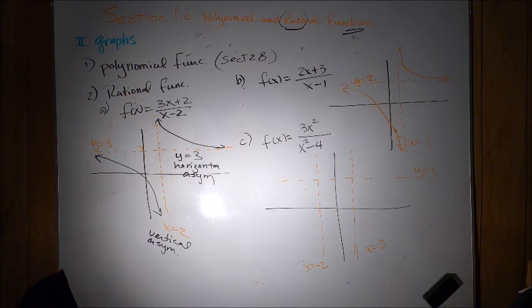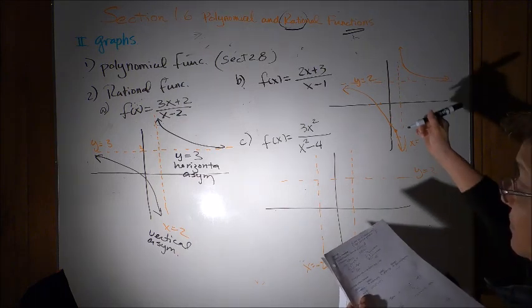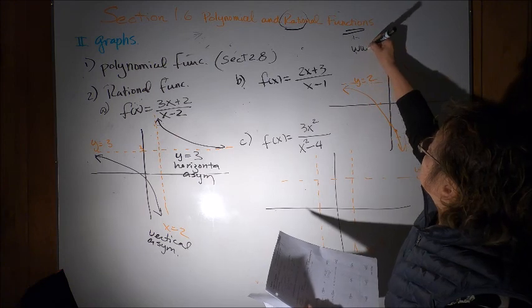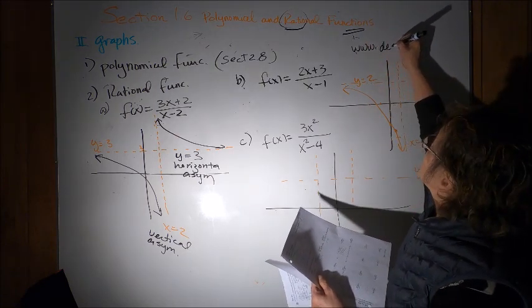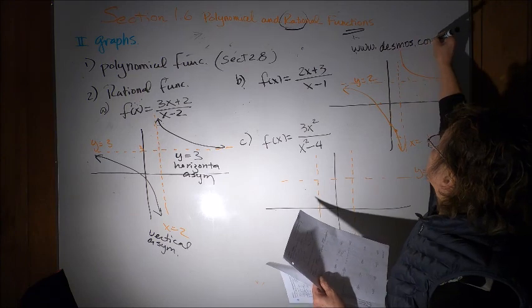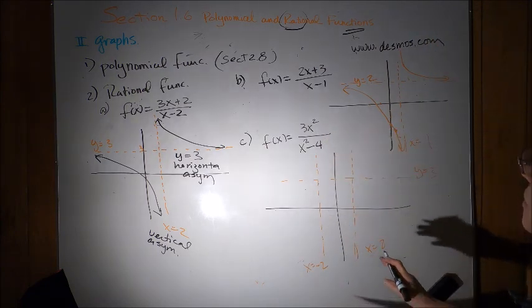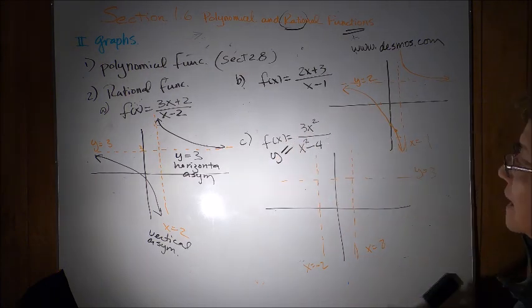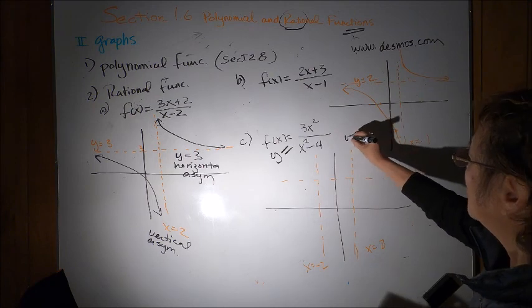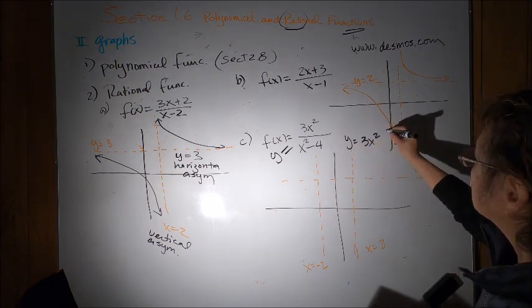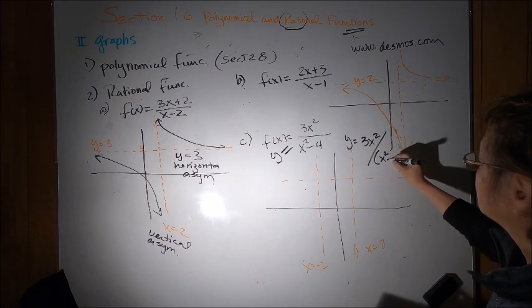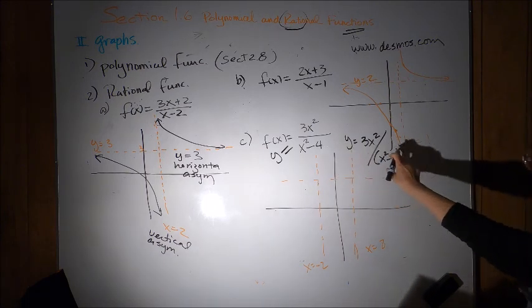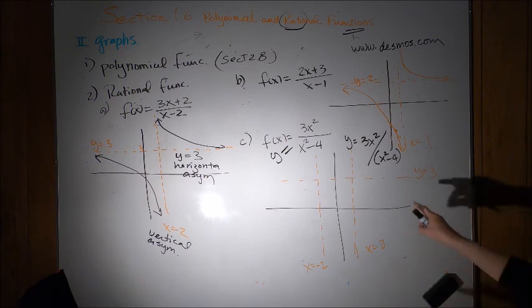So you actually want to spend some time using a calculator if you have one, or at the beginning we showed you on the website you can use this site, www.desmos.com. Just type in this one. When you type it in, you do y equals 3x squared divided by, you better put parentheses around the denominator, so you divide the whole thing.